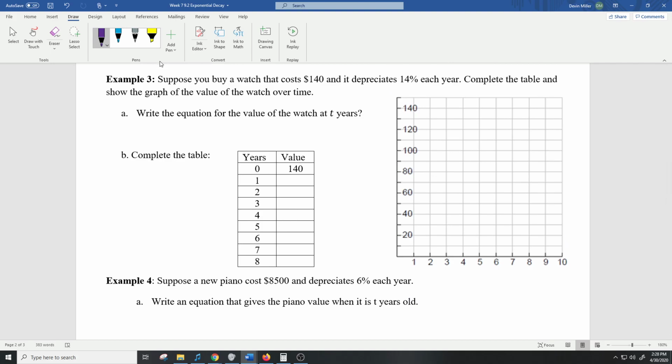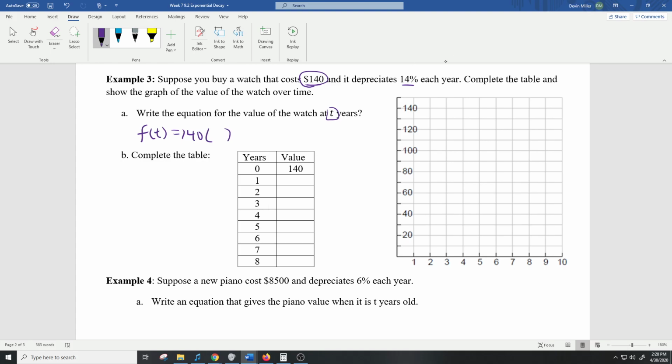Example 3. Suppose you buy a watch that costs $140, and this is going to depreciate 14% each year. Complete the table and show the graph of the value of the watch over time. First, we're going to write the equation for the value of the watch at t years. So we're going to say f of t equals our starting amount, $140, times what number goes in here?